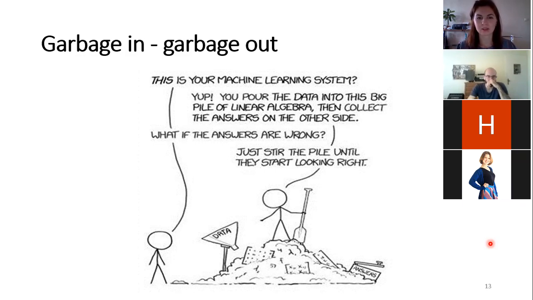What if the answers are wrong? Just stir the pile until they start looking right. You are just playing with your data, trying several things, and you will see accuracy, for example, 80%, and you say, okay, that's good, but actually not. If you have garbage in the inputs, it will not be correct. You need to analyze what you are doing.